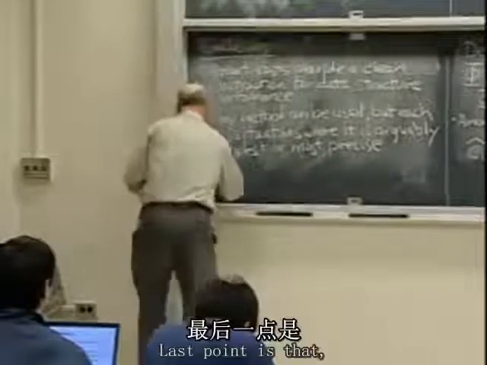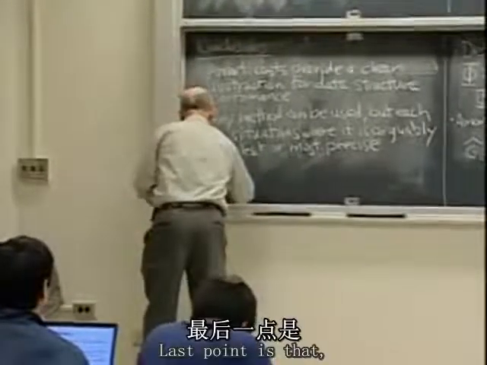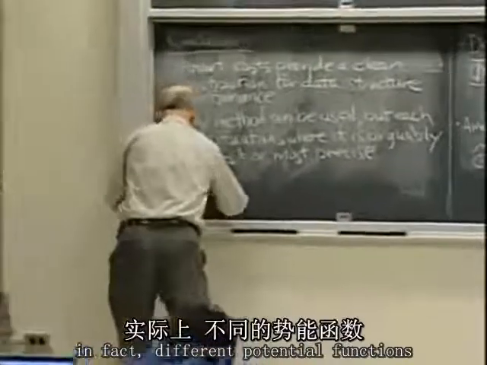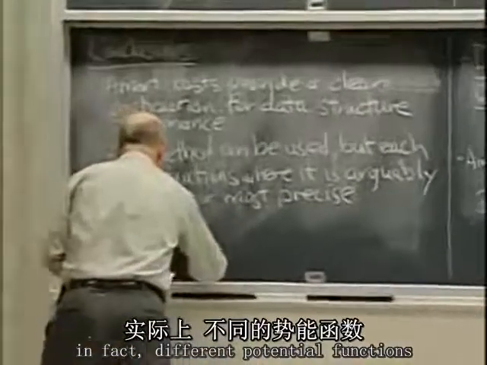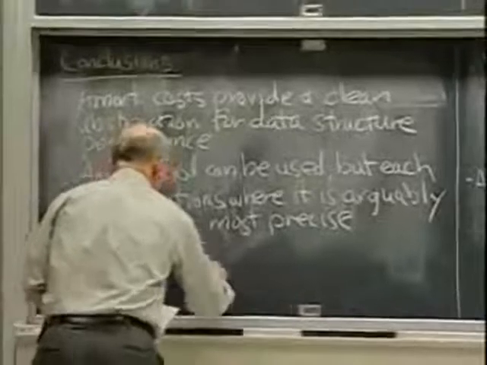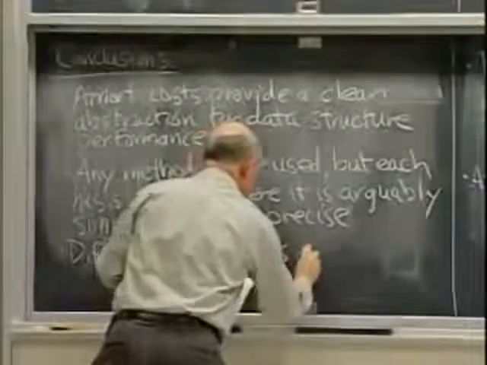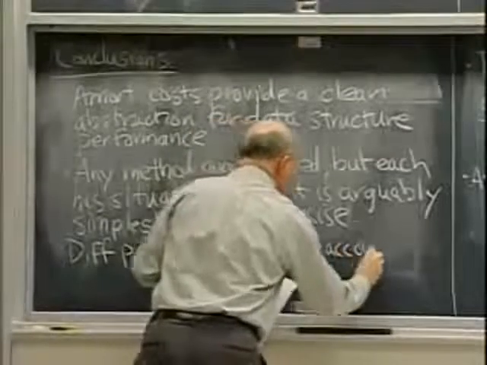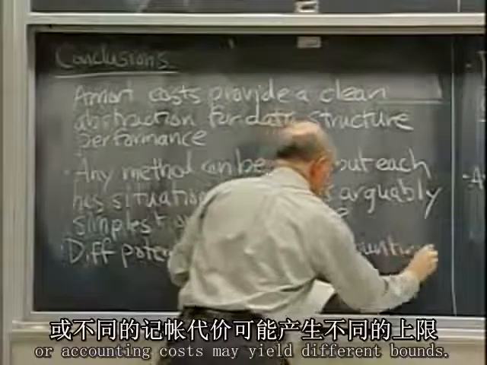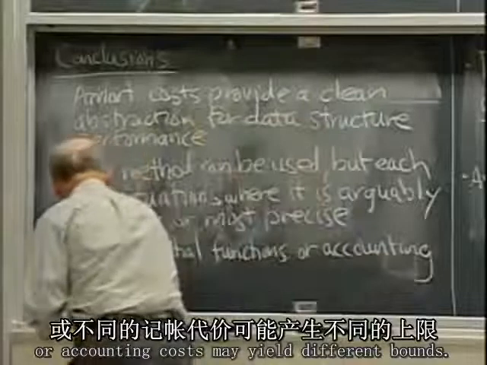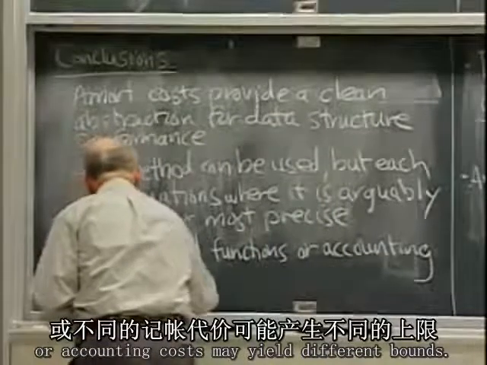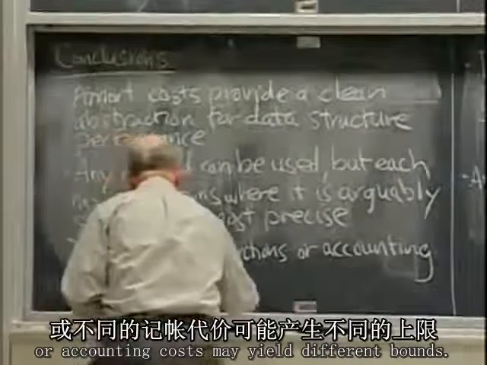Last point is that, in fact, different potential functions or accounting costs may yield different bounds.